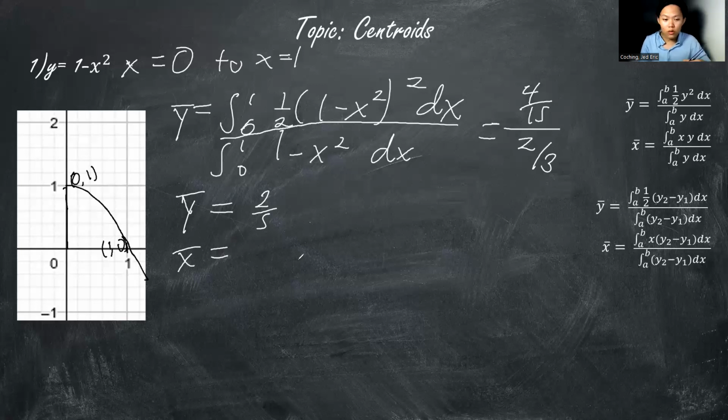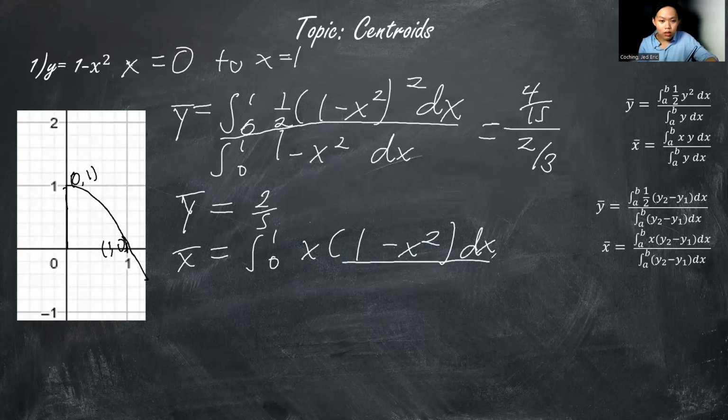So this is going to become the integral from 0 to 1 of x times (1 minus x squared) dx, divided by, as it has the same value here, 2/3 again. If we find the integral of this, it's 1/4 divided by 2/3, and the centroid of x is going to become 3/8.